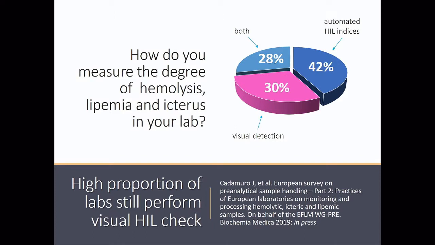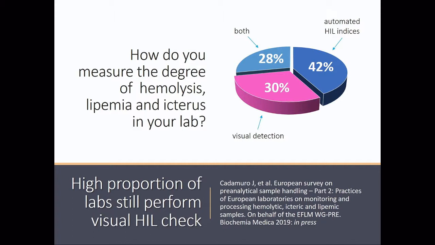When we asked laboratories how do they measure or how do they detect the degree of hemolysis, we were quite disappointed with the fact that almost 30% of the laboratories still use visual detection. I've just shared with you the data showing that visual detection is highly unreliable and dangerous for patients. 42% use automated HIL indices, and 1/3 of the laboratories are using the combination of both.